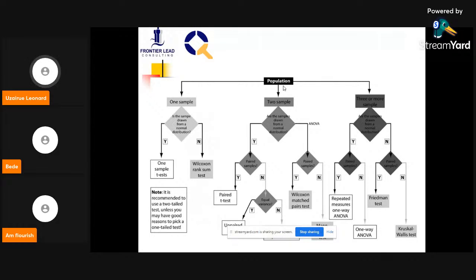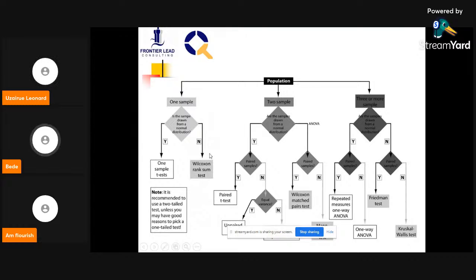So it's only one group you are comparing to the established population. If it's a normally distributed sample, then you'll be using a one sample t-test. But if it's not, then you'll be using the Wilcoxon rank sum test.